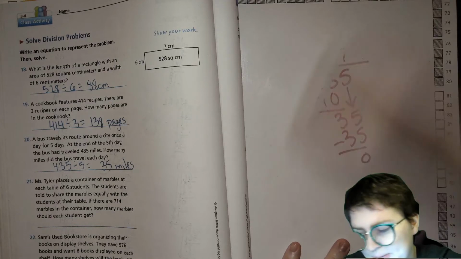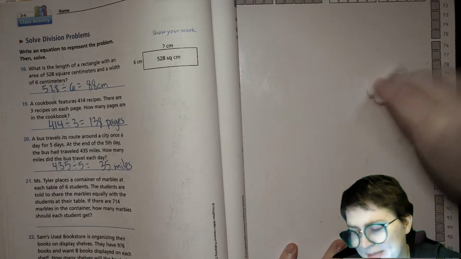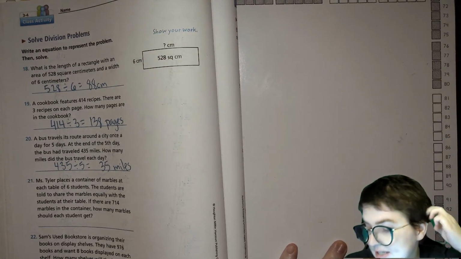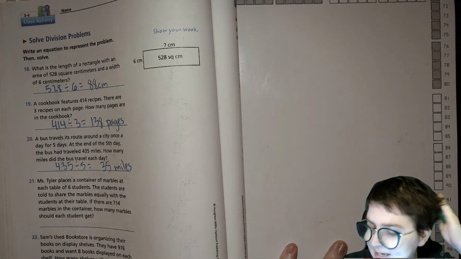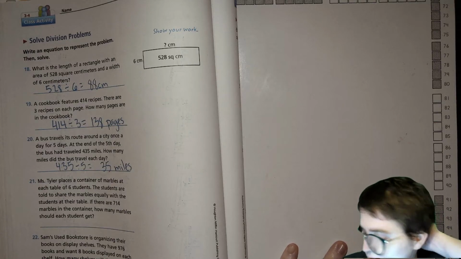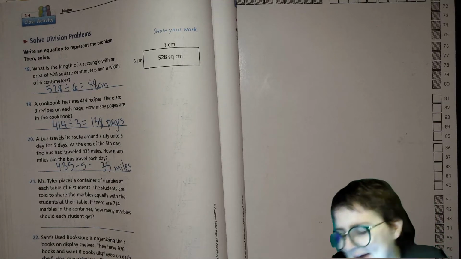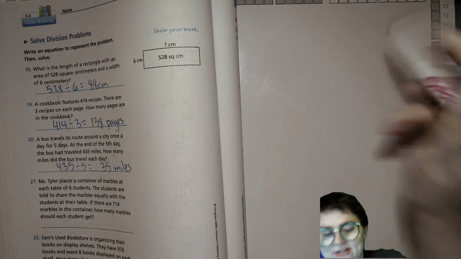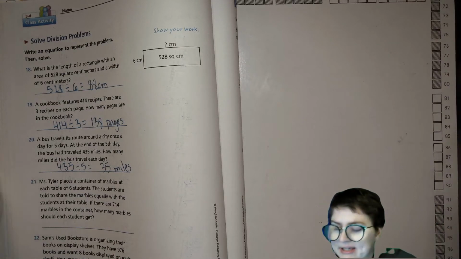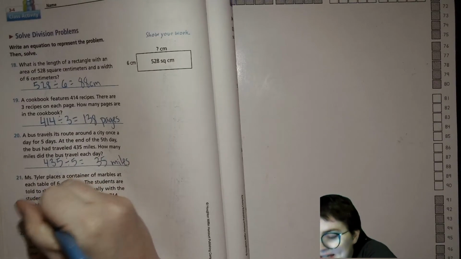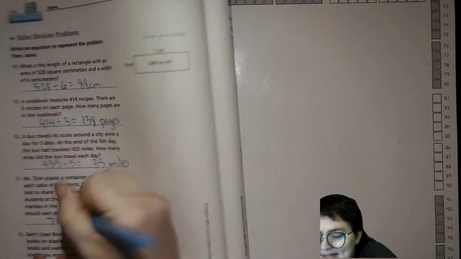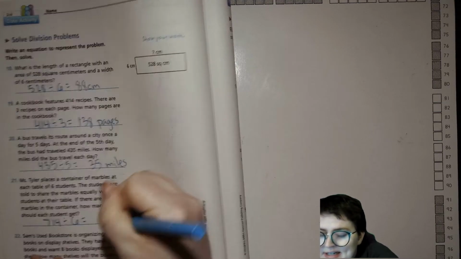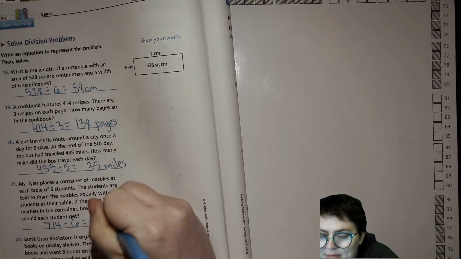Ms. Tyler places a container of marbles at each table for 6 students. The students are told to share the marbles equally with the students at their table. If there are 714 marbles in the container, how many marbles should each student get? So that will be 714 divided by 6, and that equals a number of marbles.